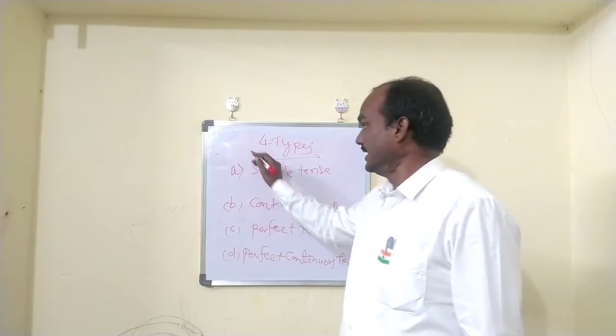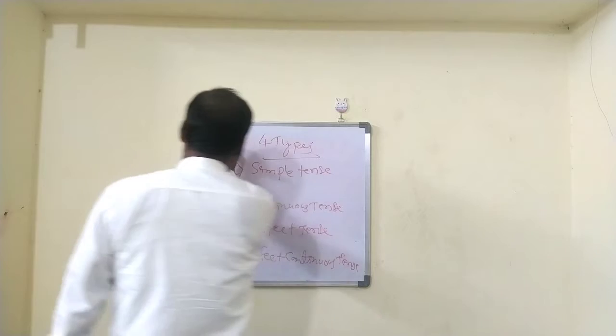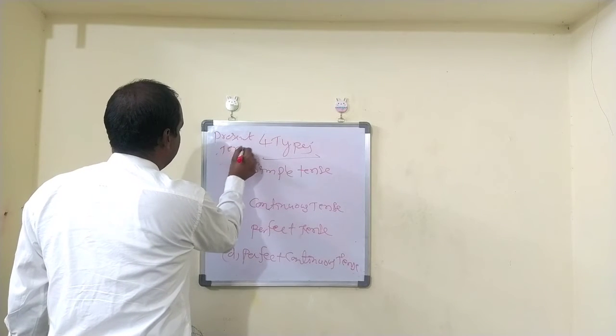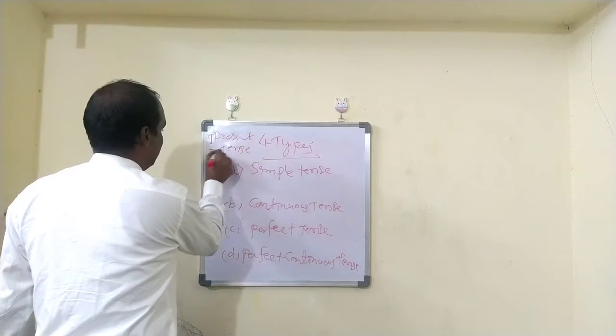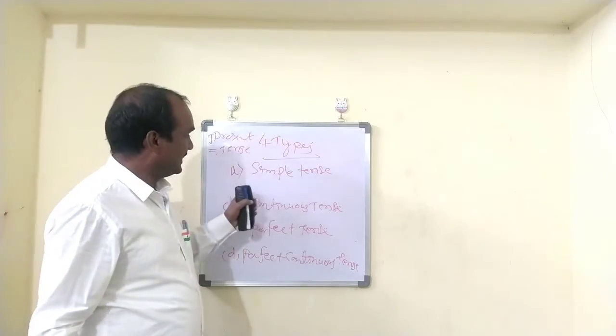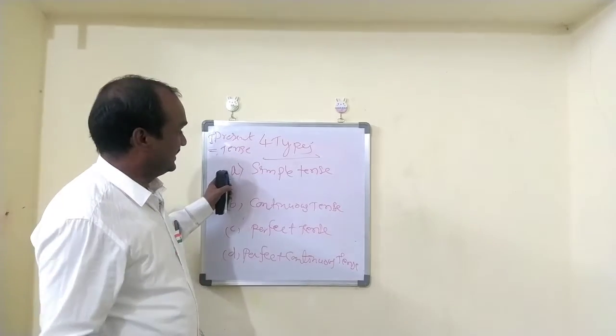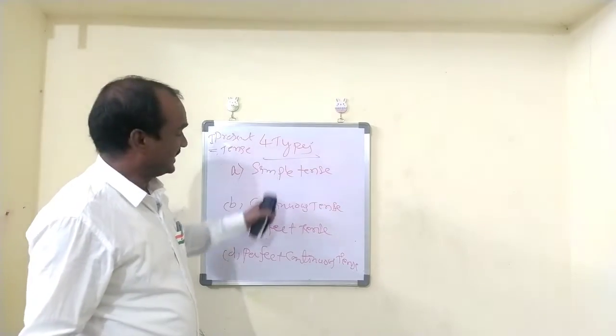How? You see here, if you take present tense here. Present tense, first one, okay? Then you will classify the present tense easily based on these four types, right?